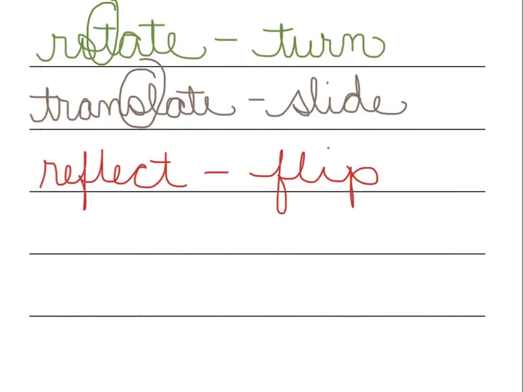And reflect, circle your FL for flip. So, rotate means we're turning. Translate means we're sliding. Reflect means to flip. So those will help you out a little bit to know what we're going to be doing. But again, we will actually play with them, and you'll have little pieces of paper that you're playing with as well. So make sure you know those terms.